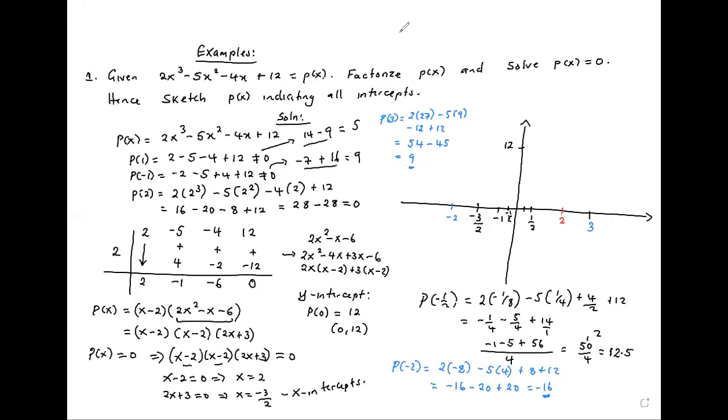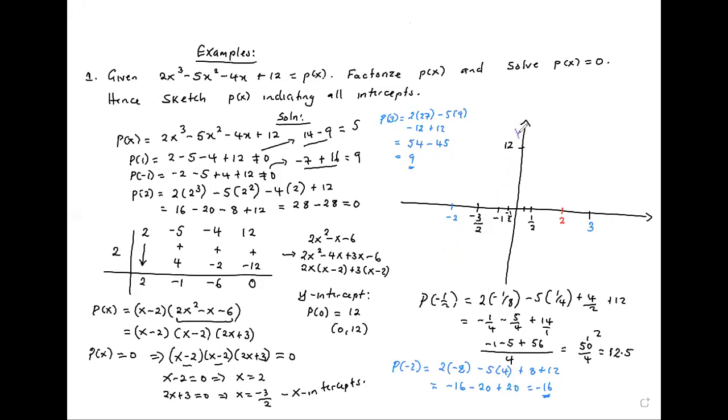So our sketch will run this way, come back to 2. Maybe now I'll draw it nice. Just change the ink a bit.